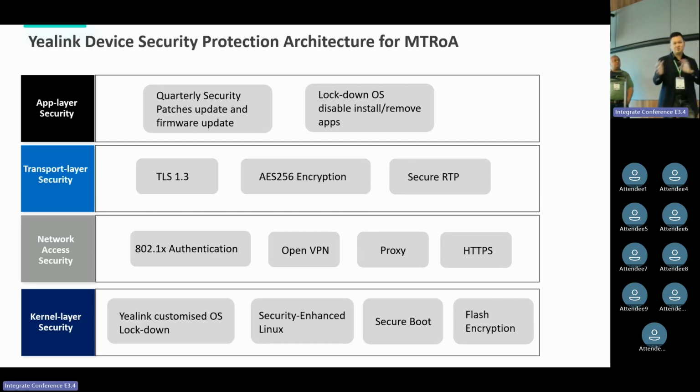So every 2 years we upgrade the big firmware, and every quarter we have a new firmware update that packs the security patches inside. And this is also lockdown of the OS. It means customers and users are disabled from installing or removing apps, everything.